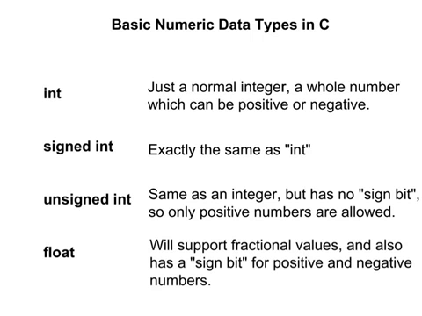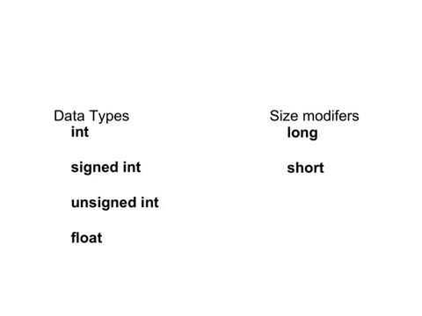These values are not universal and may differ between different compilers. So for example, if you want to use more space to store a number, you could use the keyword long in front of it, and if you wanted to use less space to store a number, you could use the keyword short in front of it.